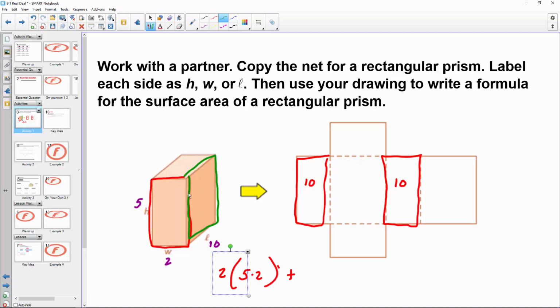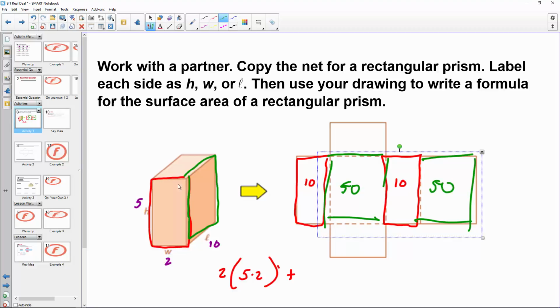That's 5 times 10, which is 50, and again, there's 2 of those because there's one on this side and one on the other side. So I'm going to put down 5 times 10 times 2 because there's 2 of them.